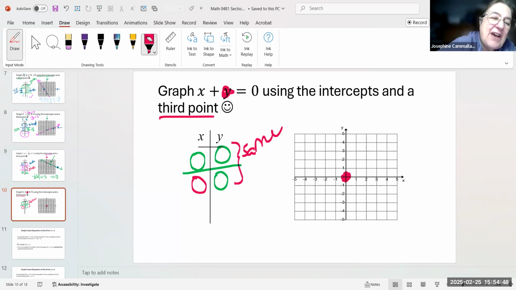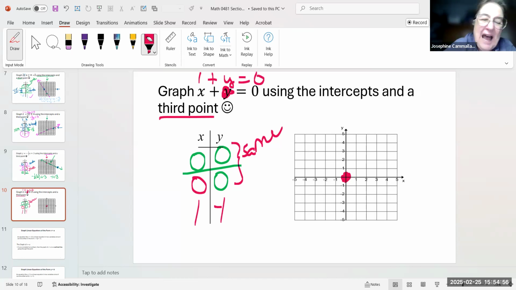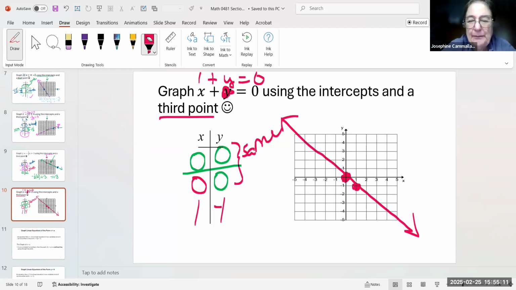Okay? If I pick 1 here, 1 plus y is equal to 0. My y is negative 1, which means I'm going right, down. These 2 points make my line.